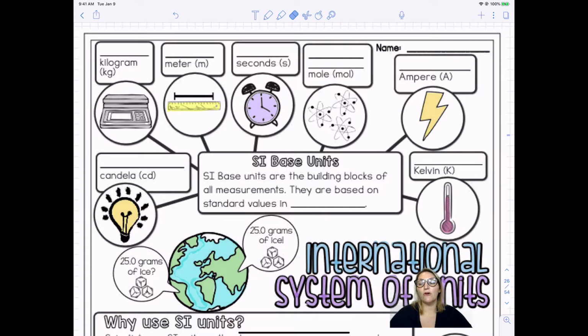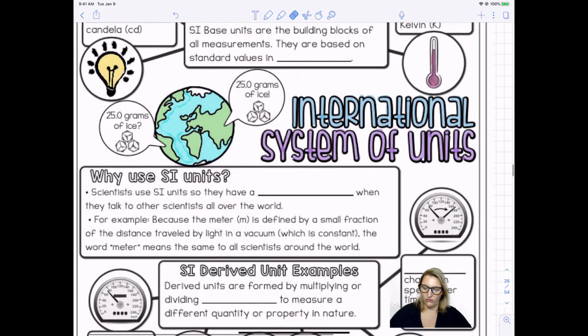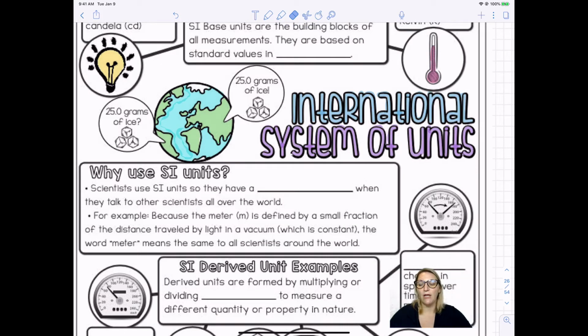These were created, as you see in the middle box here on our notes, so that scientists have what we could call a common language, where one scientist can describe to another scientist their results, and each one can understand the other. Right? And this became really important as scientists started to be able to communicate to each other.